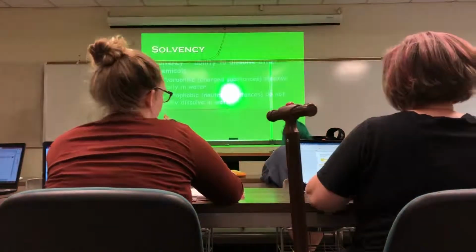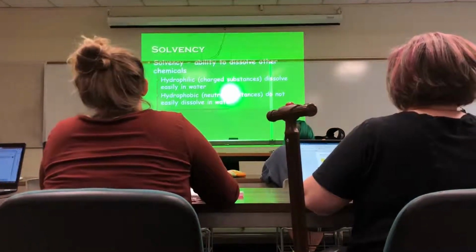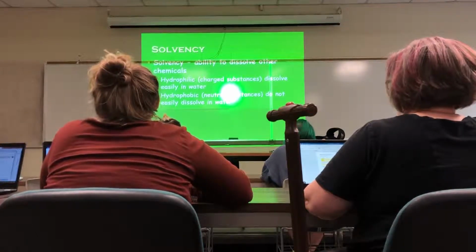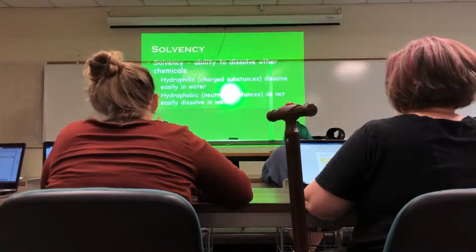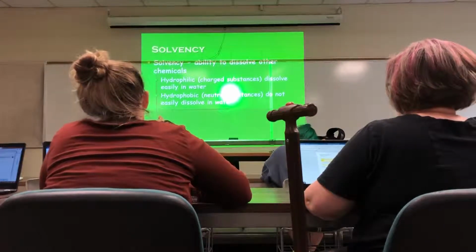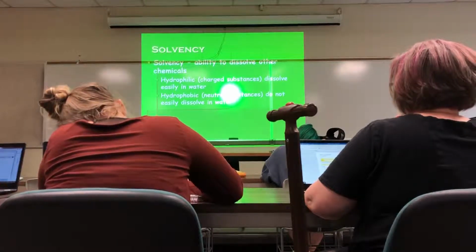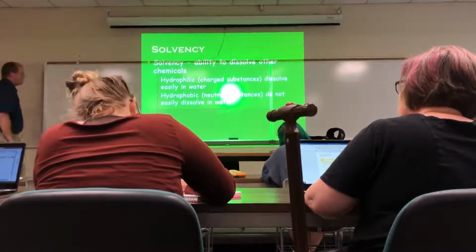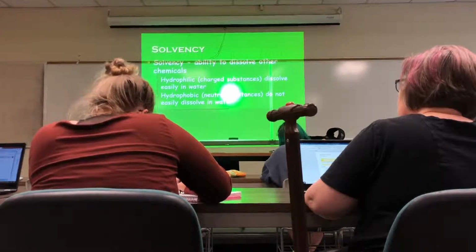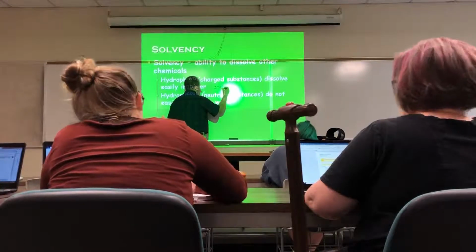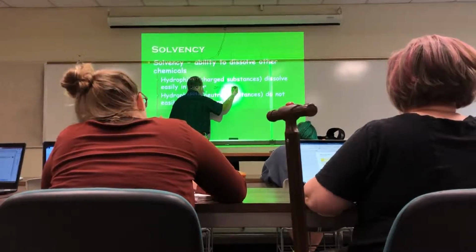Okay. We ended with some words dealing with water on Tuesday. We talked about the words hydrophilic and hydrophobic. Fearing water is phobia. Loving water is being philic. And we also mentioned a term that when something has both, we call it amphiphilic.